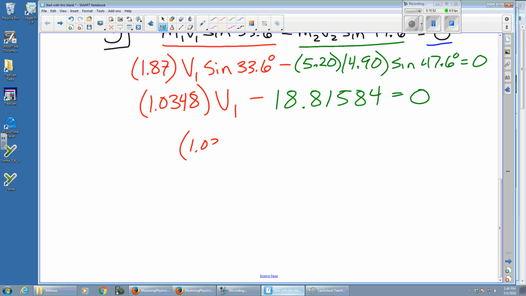If you get a negative and you haven't made a math mistake, all it means is that somehow you picked the wrong direction for your velocity, but you shouldn't get it. You shouldn't get a negative.